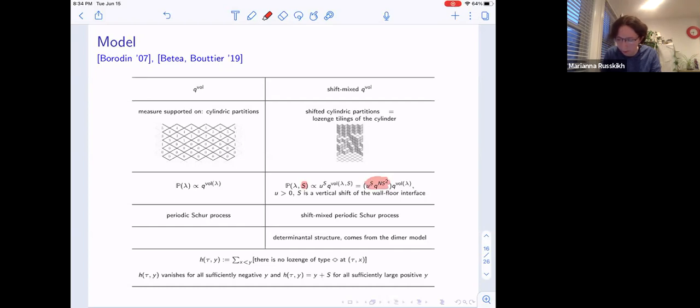So the probability of S is equal to what is written here. And we think about a pair of an independent cylindric partition and an integer valued random variable.